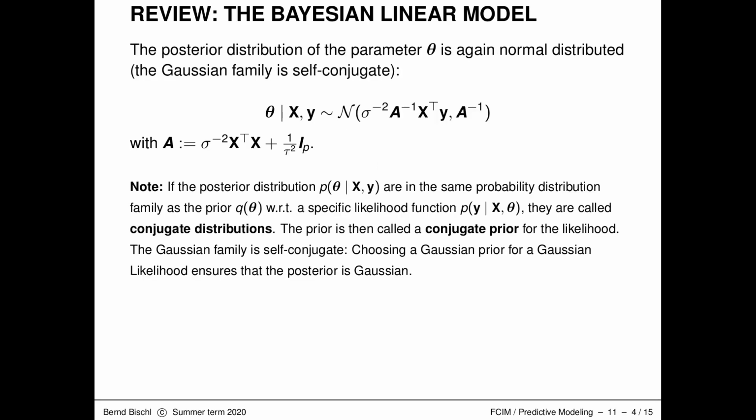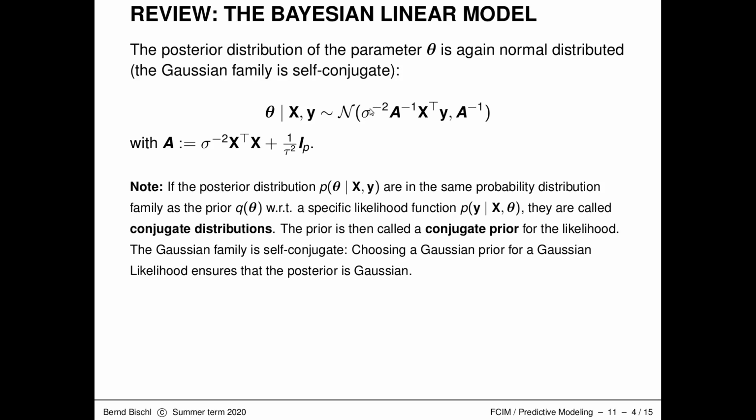And now, for all of these assumptions, so assuming I have a linear model, assuming I have a normally distributed error distribution, and assuming that my prior distribution is such a Gaussian, we can now super easily show that the posterior distribution of theta is also normally distributed with that mean component here and with this covariance structure where this matrix A. So let's check whether this is written down in terms you already know.